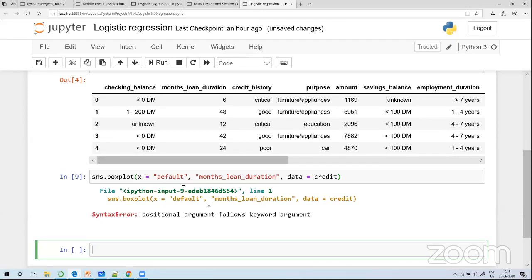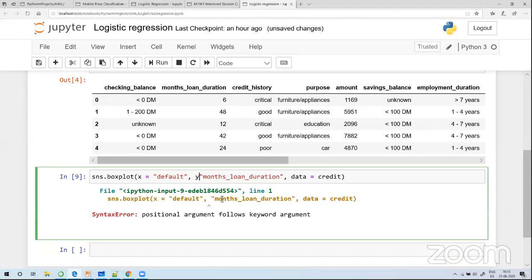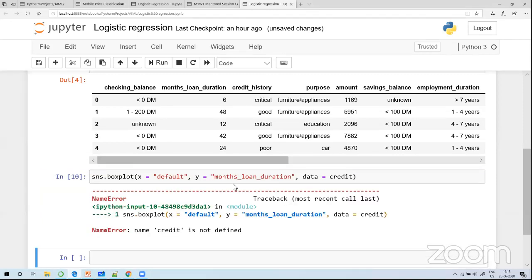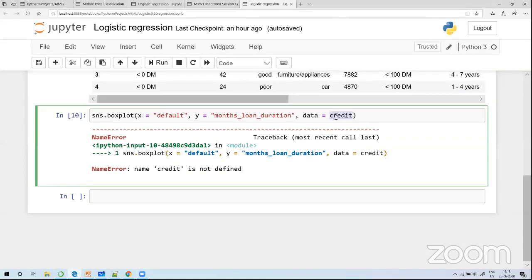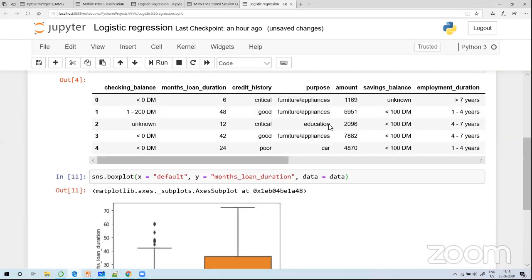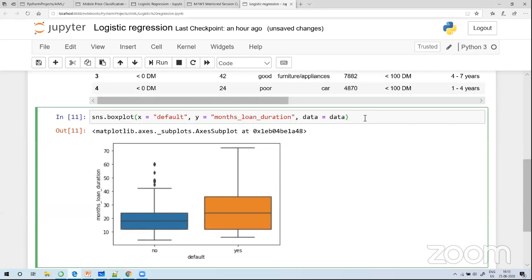Somewhere we made a mistake. Oh, it's data. Okay, it produced a plot.